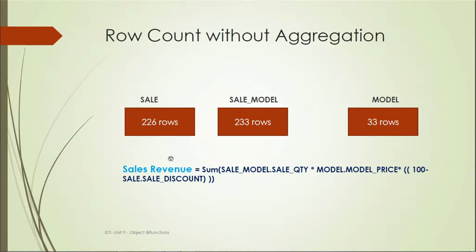Let's say this is an example. We have three tables. Sale is having 226 rows, Sale Model is having 233 rows, and Model is having 33 rows. Suppose we wanted to perform a sum of sales revenue. If we go by this formula, it will take time to calculate the data. So this is without aggregation.